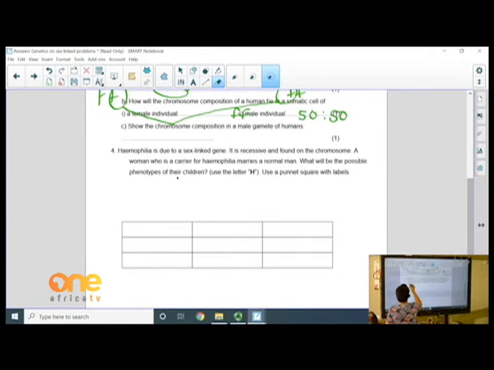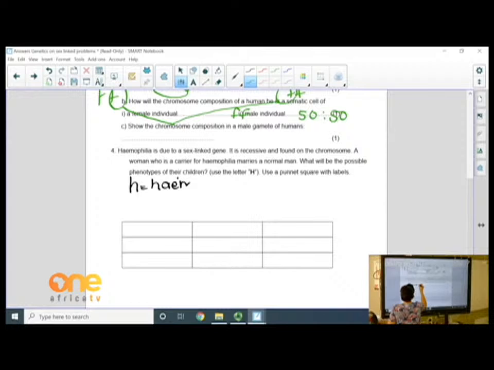So the H is the gene for hemophilia, right? A normal man will have an X and a Y. Because it is only carried on the X, there will be a capital H. There will be nothing on the Y. That is the male. Okay, you agree? So let's write down the male in there.